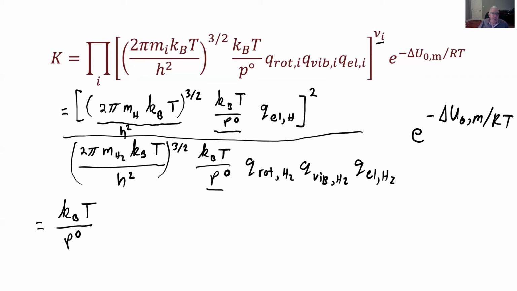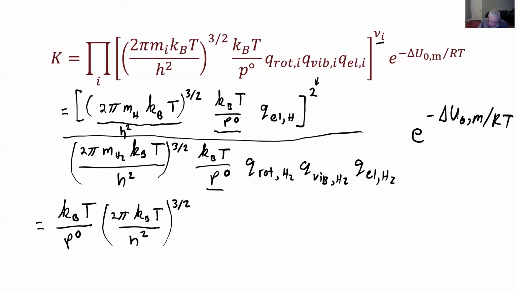Okay. If I pull out the masses for this, I've got that piece essentially to the 3rd power on top because I have the 3 halves and then that's inside here, so it gets squared. And then I've got a 3/2 power on the bottom. So I'm going to end up with this quantity to the 3 halves. So I'm going to have 2 pi k_B T over h squared, to the 3 halves power, right?